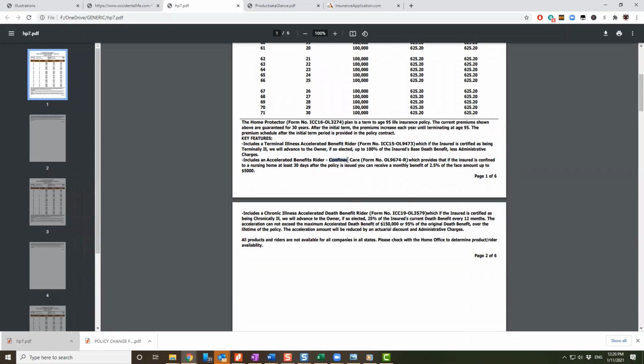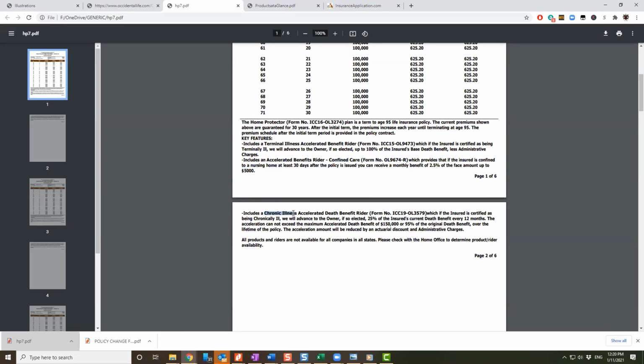It includes confined care, like I said it would, at no cost. And then I go, the confined care provides that if the insured is confined to a nursing home at least 30 days after the policy's issue, you can receive a monthly benefit of 2.5% of the face amount up to $5,000.